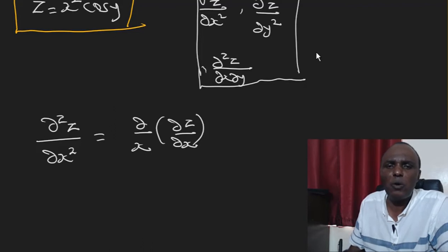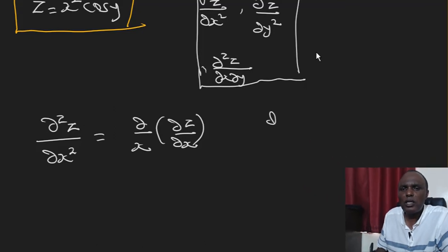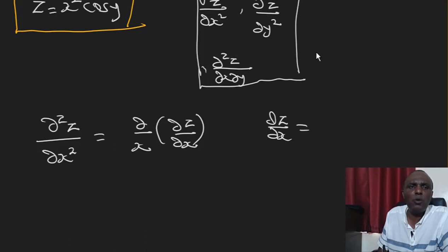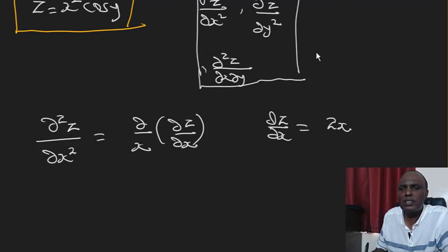Let us get ∂z over ∂x of this function. We differentiate z with respect to x when we keep y constant, and it becomes 2x, and since y is constant, this becomes cos y.